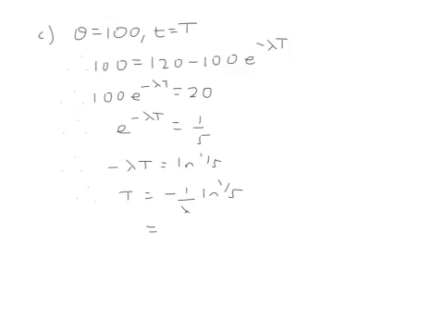What was lambda? Lambda was ln 2 over 40, that is, 1/40th ln 2. So therefore T is minus 1 over lambda, so that's 40 over ln 2 times ln of 1/5.